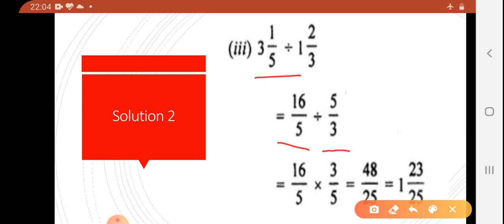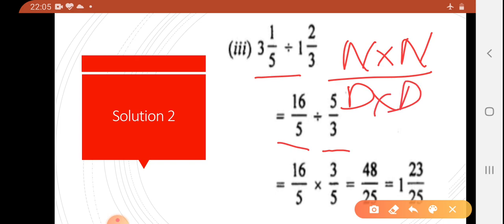Now next step, we will first try to reduce it. If it is not reducing, we will multiply the numerator with the numerator and denominator with the denominator. So here it is not reducing, so we will simply multiply it, 48 upon 25, and then we will change into mixed fraction. That will be 1 whole 23 upon 25.